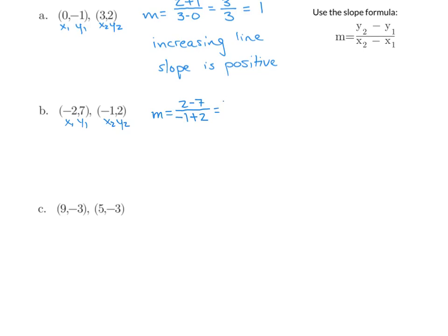If we simplify, we get -5 on top, 1 on bottom, and so our slope is equal to -5. Okay, is this line increasing, decreasing, horizontal, or vertical? This is a decreasing line, because the slope is negative.